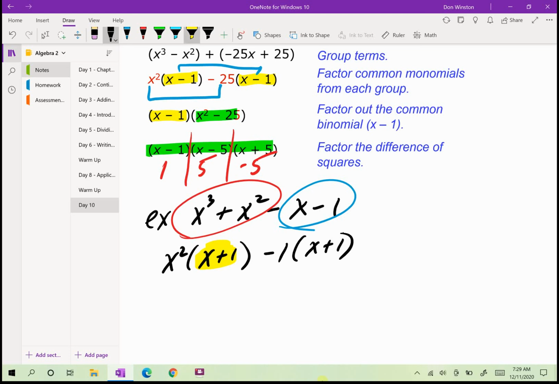All right, so from the first group then, I'll have x squared minus 1, and then the other group, I'll have x plus 1.